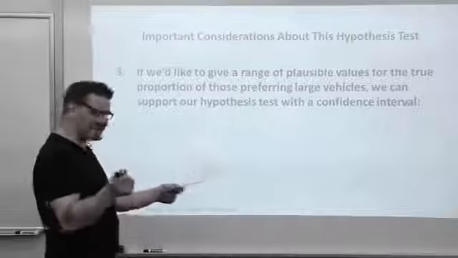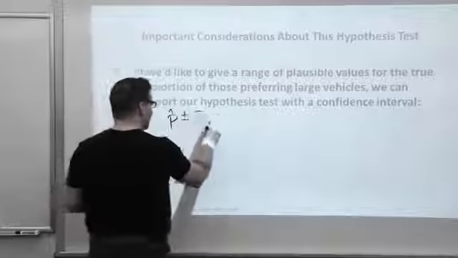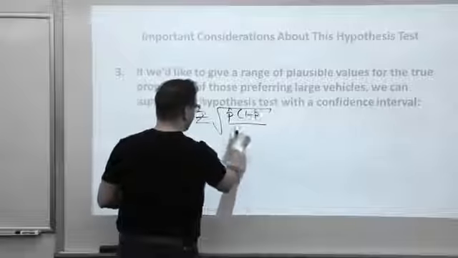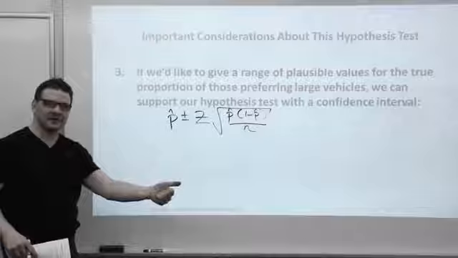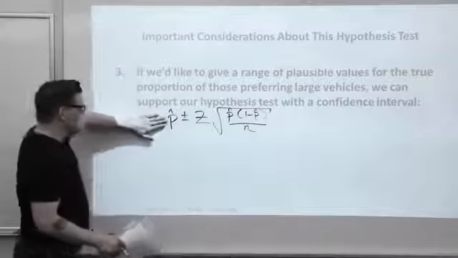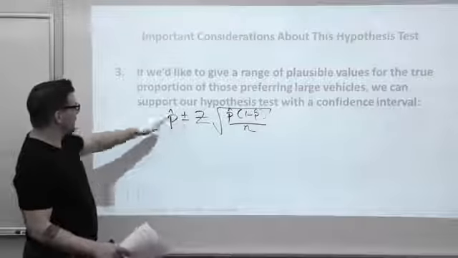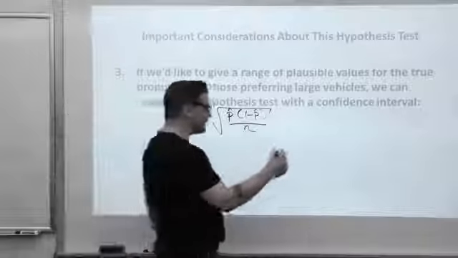Real quick, because we're experts at confidence intervals. This is p hat plus or minus a z times the square root of p hat times 1 minus p hat, all over n. Most problems we do, it'll say run the test first. Support your answer with a confidence interval. Let's do it. The p hat value is 0.526. What kind of confidence interval are we doing? Does it even say?